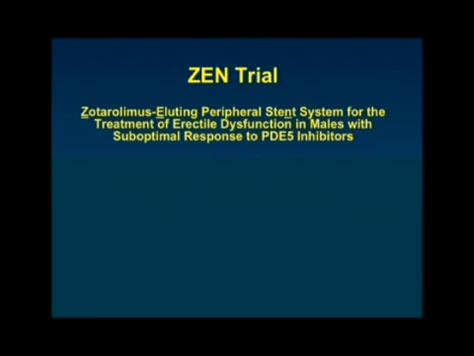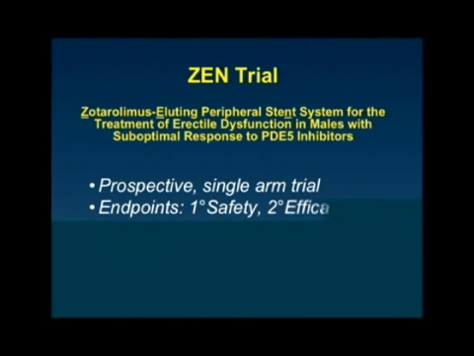So we've been involved in this so-called ZEN trial, which is the use of a Zotarolimus-Eluting peripheral stent system for the treatment of ED in men who've already tried Viagra or other PDE5 inhibitors and have had a suboptimal response. This is a prospective single-arm trial with endpoints of primarily safety and secondarily efficacy.